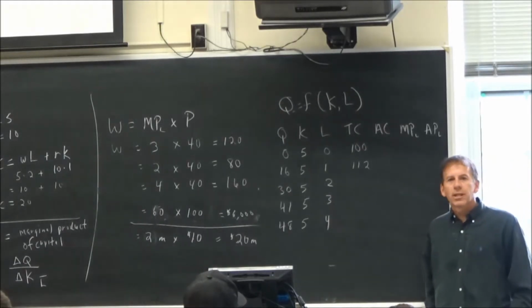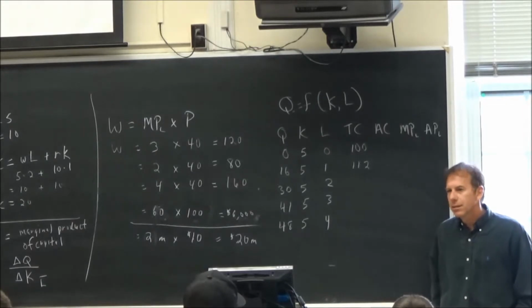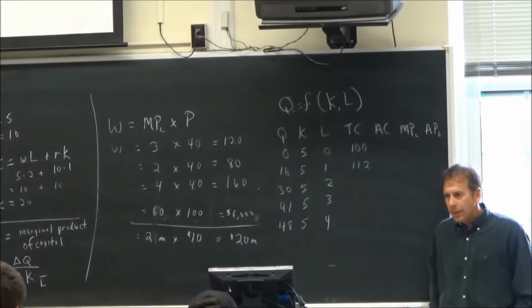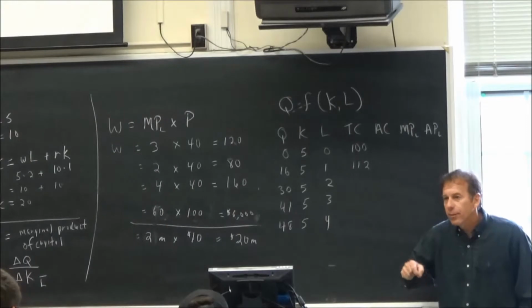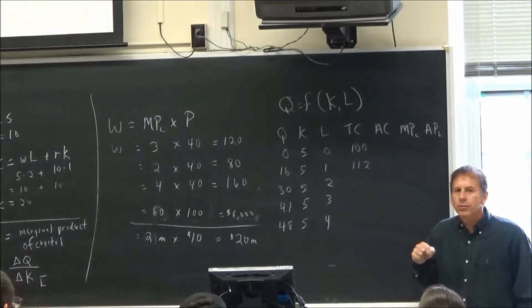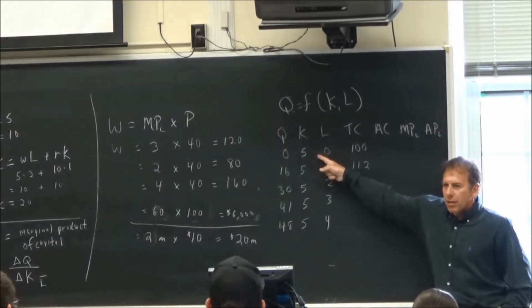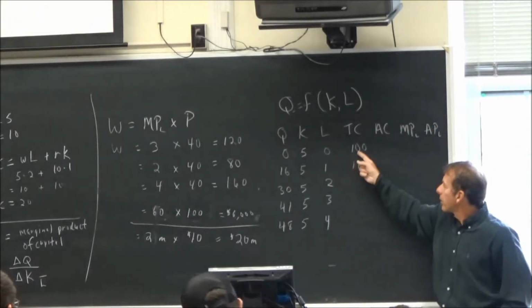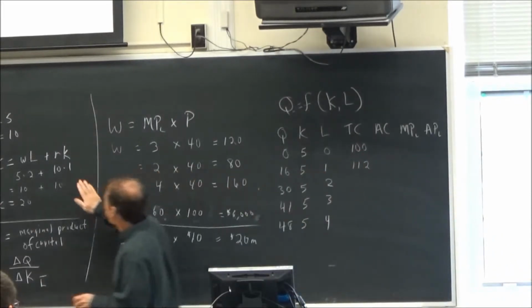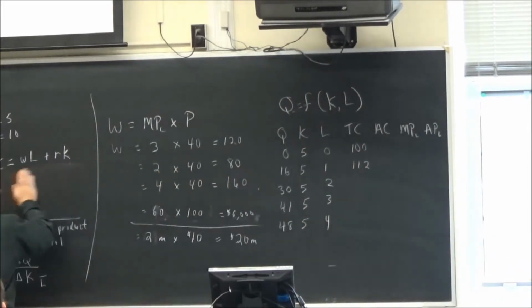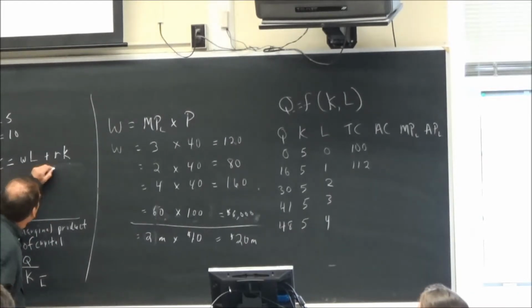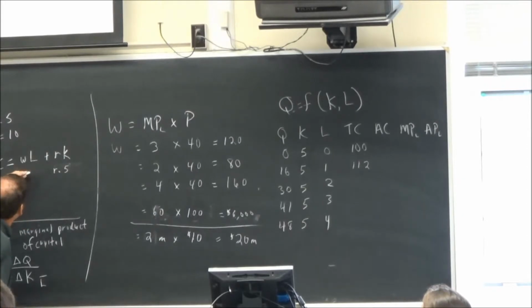So how much is a unit of capital going to cost? 20. Does everybody see that? You have to look at what you're spending your money on. So you're buying 5 units of capital. You're not buying any labor, so you don't have to worry about that, but you're spending $100. So you go back to this formula here, and you can do it that way and say, okay, I'm trying to solve for R. My capital is 5, and this is 0, because I'm not buying any labor, and my total cost is 100.